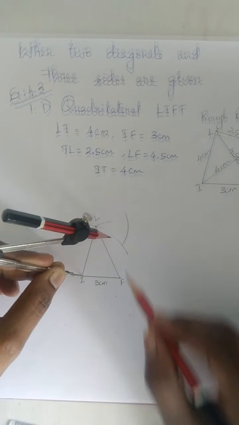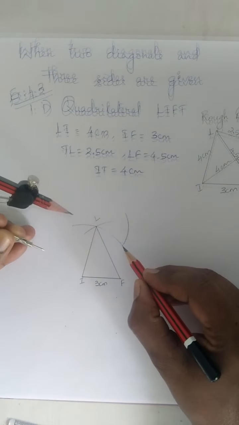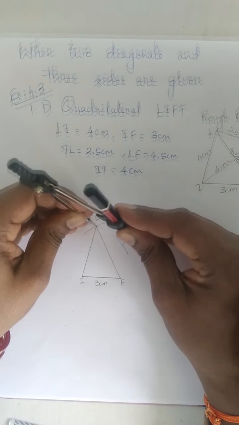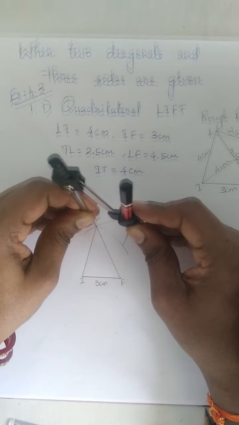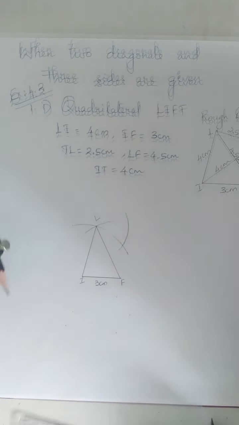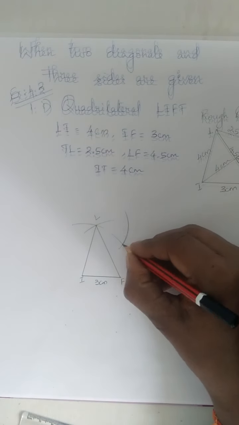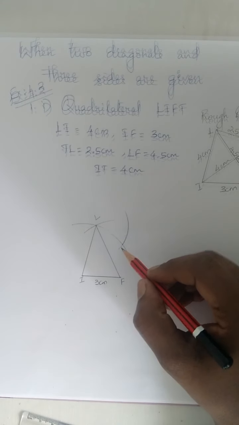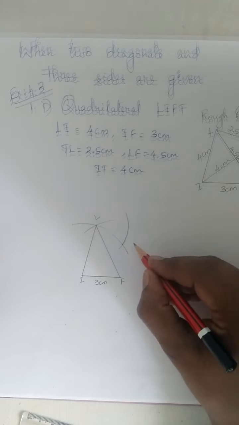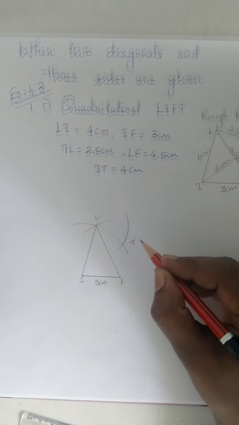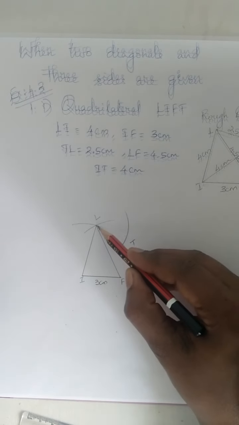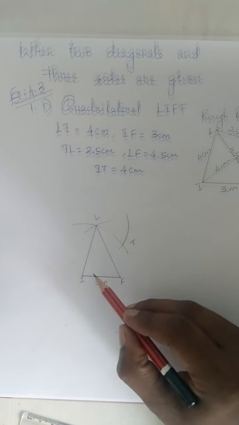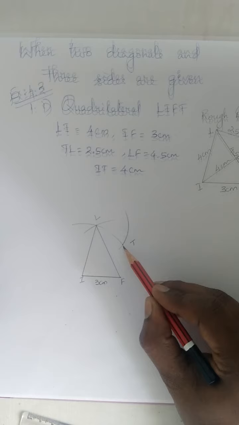The arc has to intersect the previous arc. Now it is intersected. If you want to get proper intersection, again you go back, you extend this arc once again. See, now you are getting the intersecting point. How did you get this vertex T? From L 2.5 centimeter, then from I 4 centimeter.